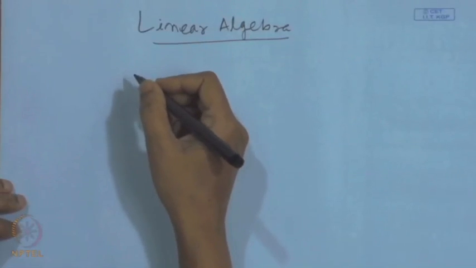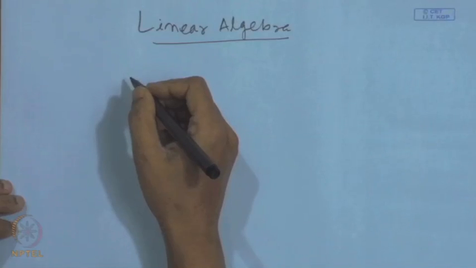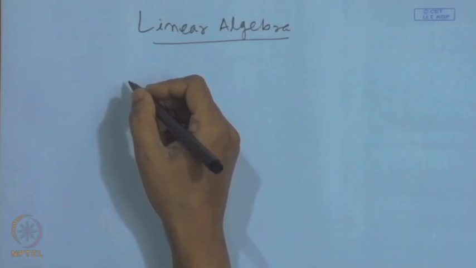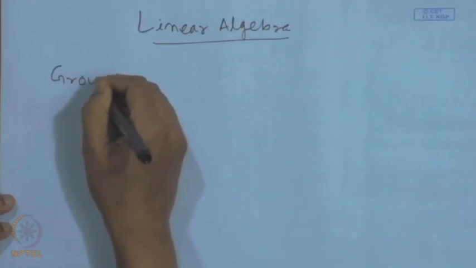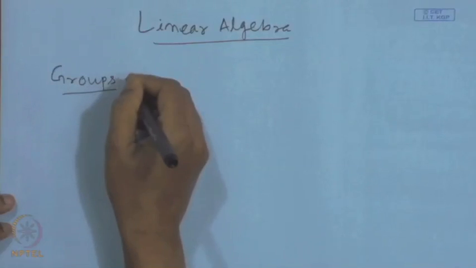So, first let us know what are scalars. To know scalars, we have to recall two important basic algebraic structures called groups and fields. So, we will start with groups.